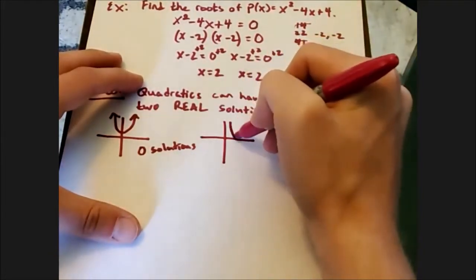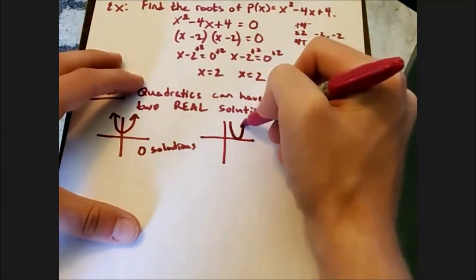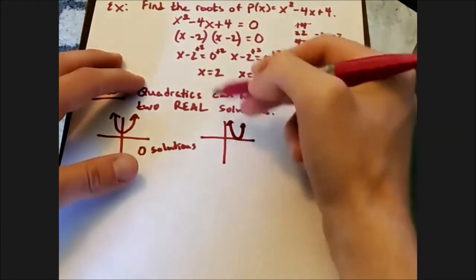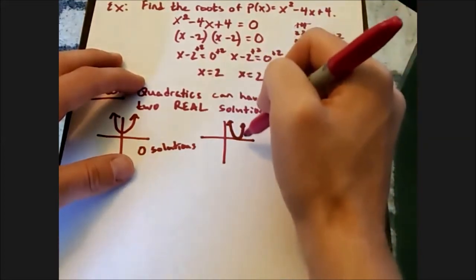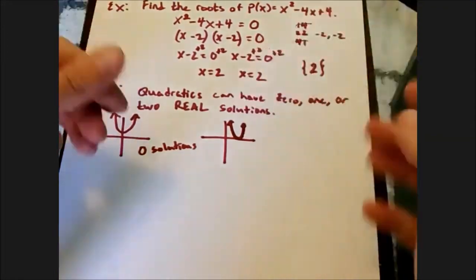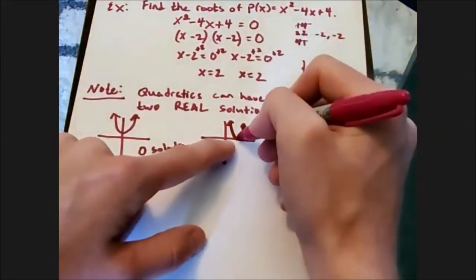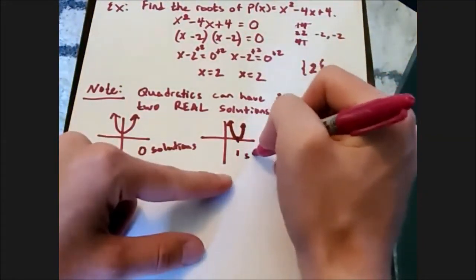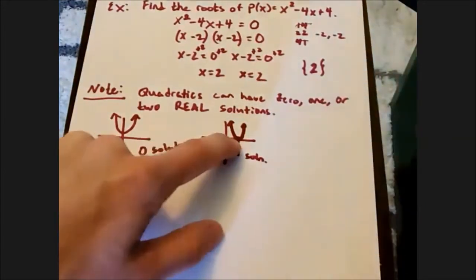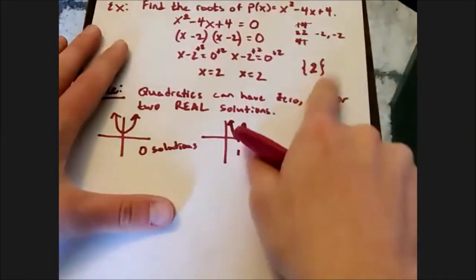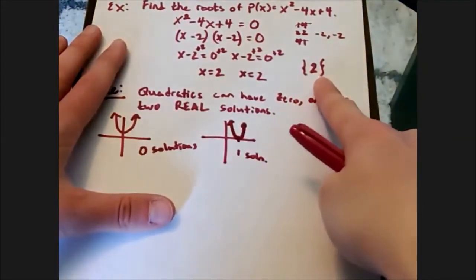If your parabola comes down and touches the x-axis and turns right there, and just hits it, doesn't pierce it or cross it, that would be an instance of 1 real solution that happens right at that location. This is exactly what has happened in that previous example.